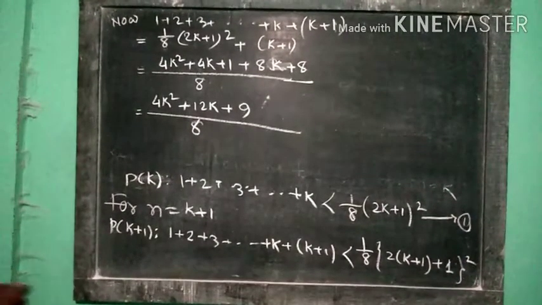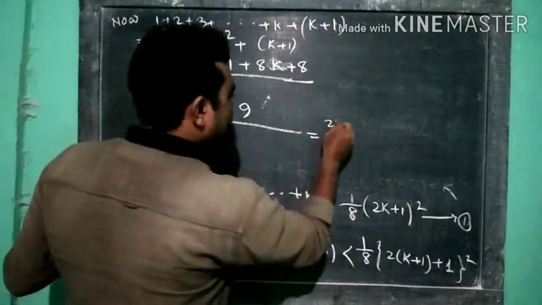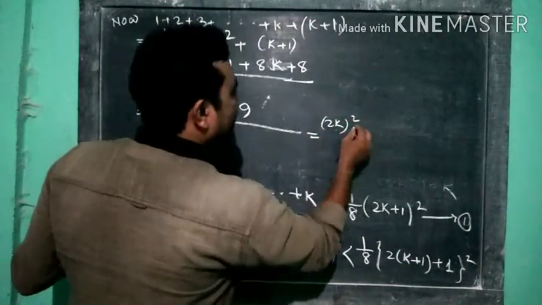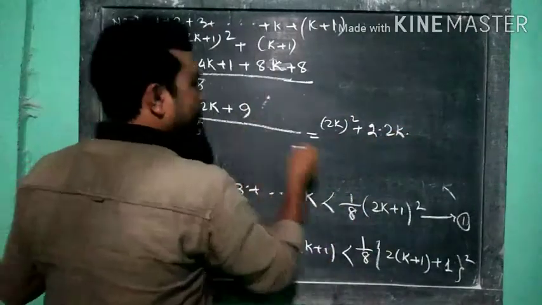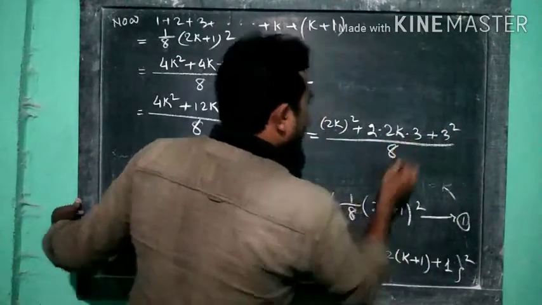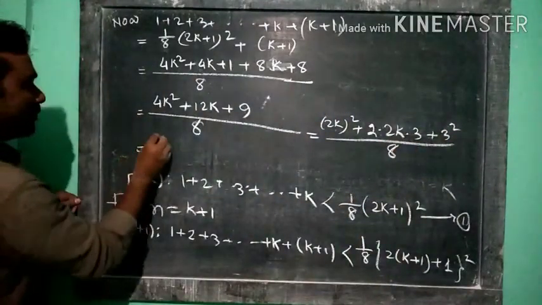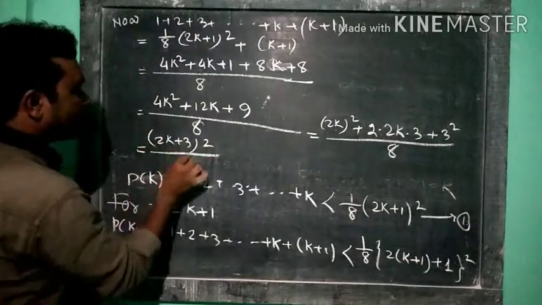So this can be written as, this is equal to, if we break the formula, then this can be written as 2k whole square plus 2ab, 2k b, if b is 3, then plus b square divided by 8. So this is equal to 2k plus 3 whole square divided by 8.